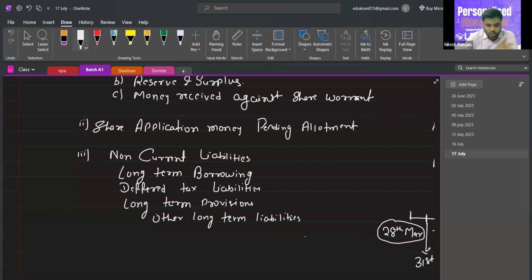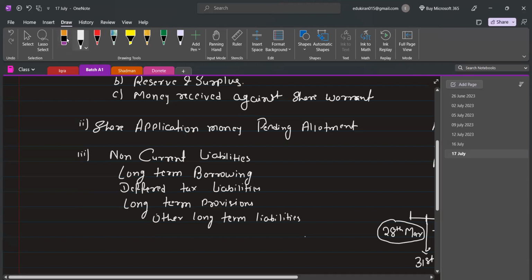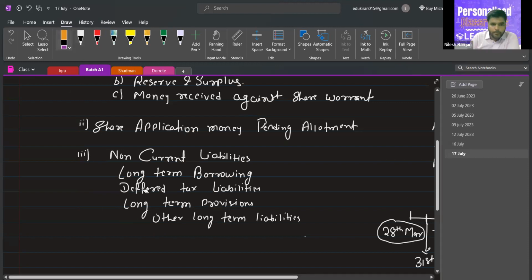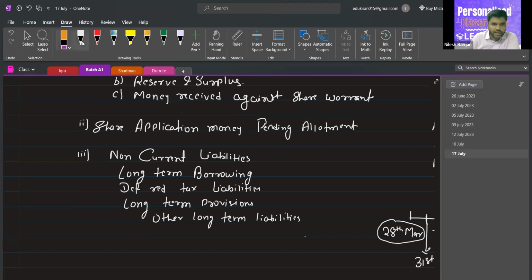First of all, long-term borrowing. Can you tell me 1 or 2 items that will be included in long-term borrowing? Loan from bank.